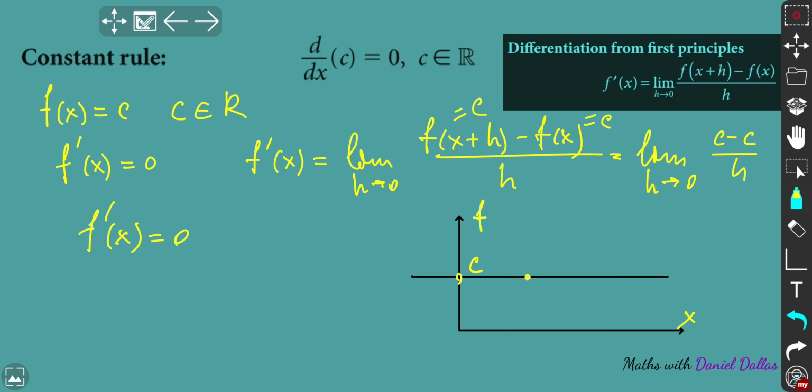You see that no matter which 2 points you take, for example A and B, if you want to measure the gradient of that line, gradient L, it's going to be change in f over change in x. But the function value is not changing because it's always at c level. So you'll have c minus c over delta x, where delta x is the horizontal step between those 2 points. And you understand that the gradient of a horizontal line is always 0.